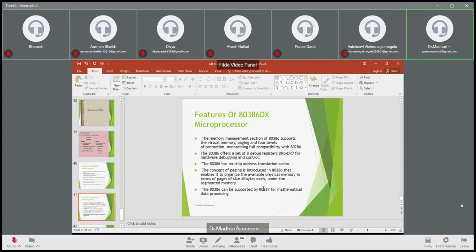That will be done with the help of the coprocessor. The coprocessor IC number is 80287 for the 286, but for the 386 it is the 387.